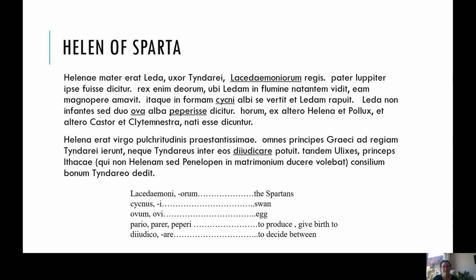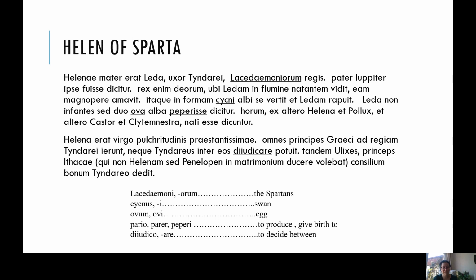Omnes principes Graeci, all of the leaders or chiefs, all of the Greek leaders, ierunt, went ad regiam Tyndarii, to Tyndareus' kingdom. Neque Tyndareus inter eius diudicare potuit, and Tyndareus could not decide between them.